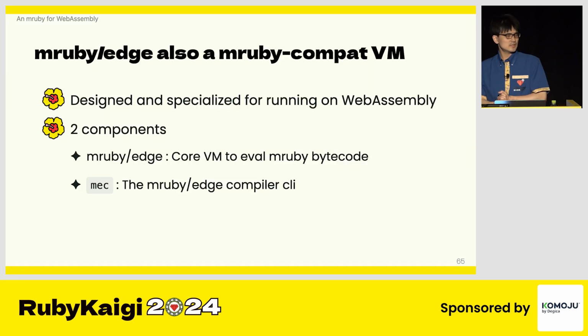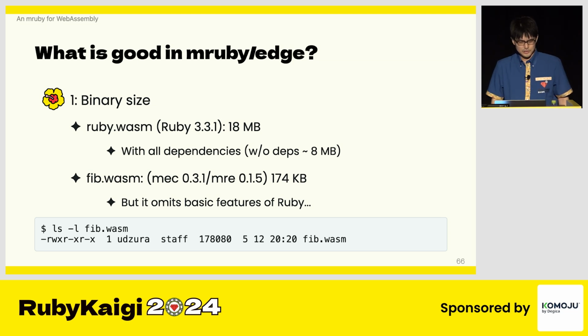So for now, I have described mruby edge's architecture. The good points: mruby edge has two good points. One is binary size. Ruby wasm with all dependencies makes an 18 megabyte wasm binary, or about 8 megabytes without some.